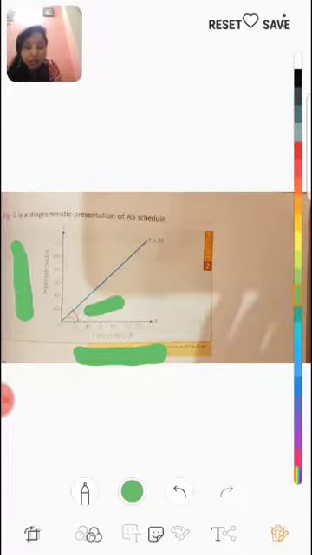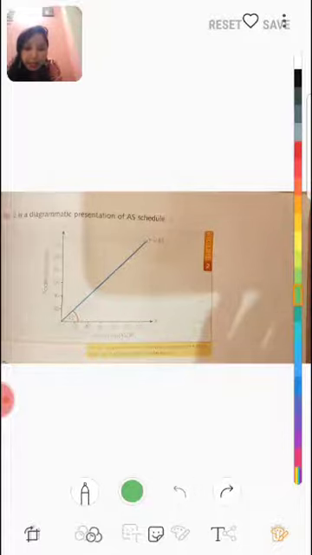You can see here Y equals AS, that is the AS schedule. The AS line happens to be a 45-degree line because AS on the y-axis is identical with Y. It means it is always similar to income. Clear? So the AS line is always a 45-degree line.